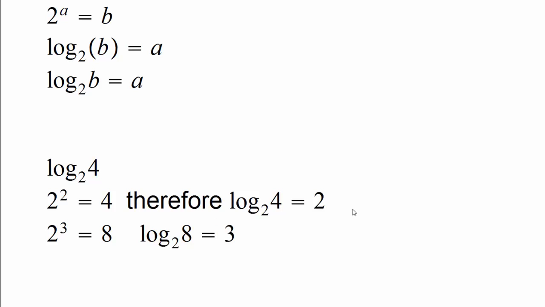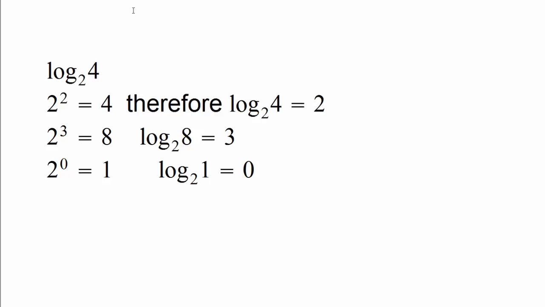So now we have 2 to the power 0 equals 1. You remember this, any non-zero number to the power 0 equals 1. So what does that give us? Log with base 2 of 1 will be how much? 0.